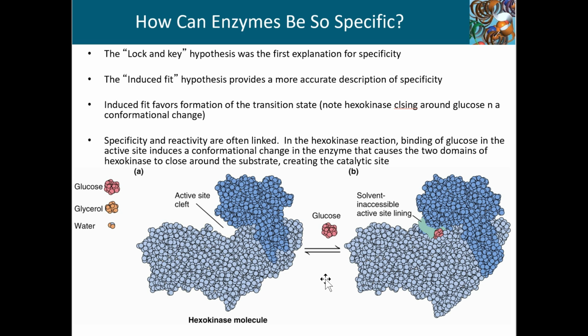And as they associate with one another, they both change. The enzyme changes conformation so that it becomes slightly different. And in doing so, it changes the substrate so that it is more capable of reacting, undergoing the chemical reaction that needs to take place.